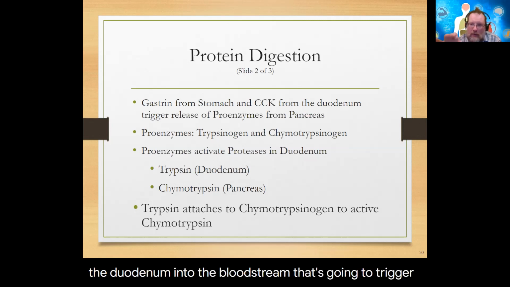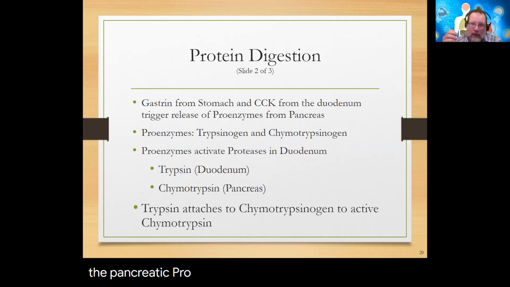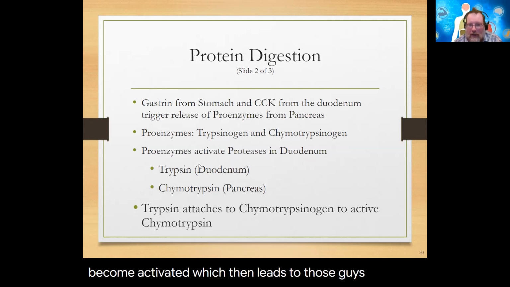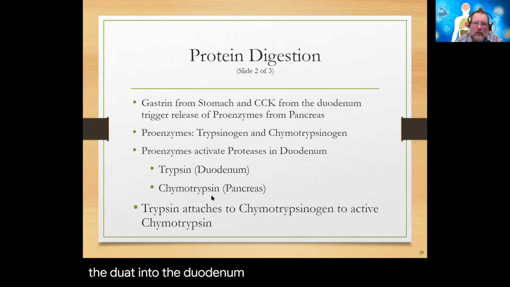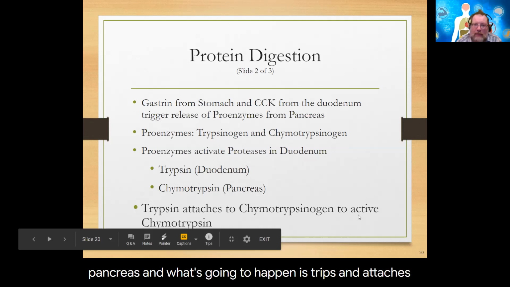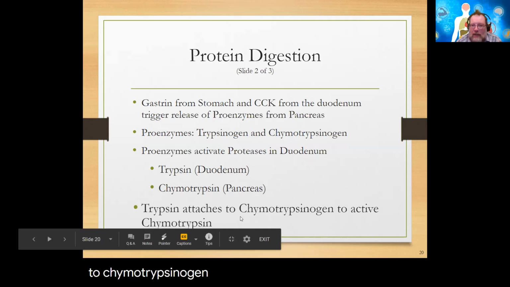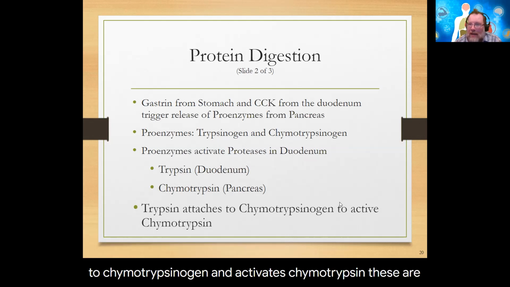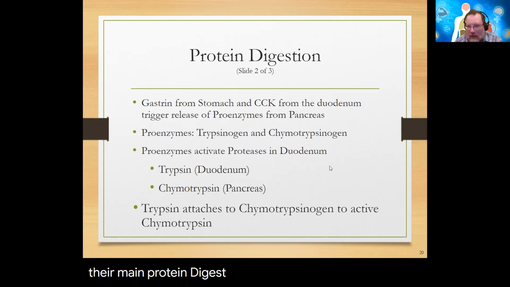That's going to trigger the pancreatic proenzymes, trypsinogen and chymotrypsinogen, to become activated, which then leads to what we're ultimately going to need: trypsin into the duodenum and chymotrypsin from the pancreas. And what's going to happen is trypsin attaches to chymotrypsinogen and activates chymotrypsin. Okay. These are the main protein digestive enzymes.